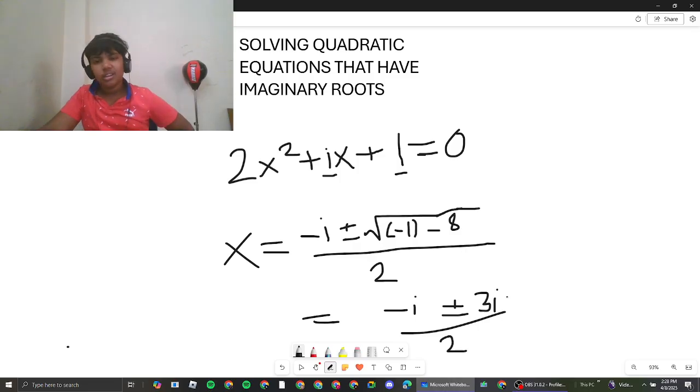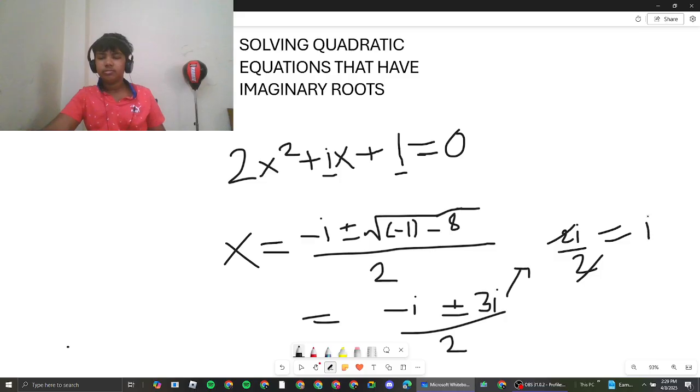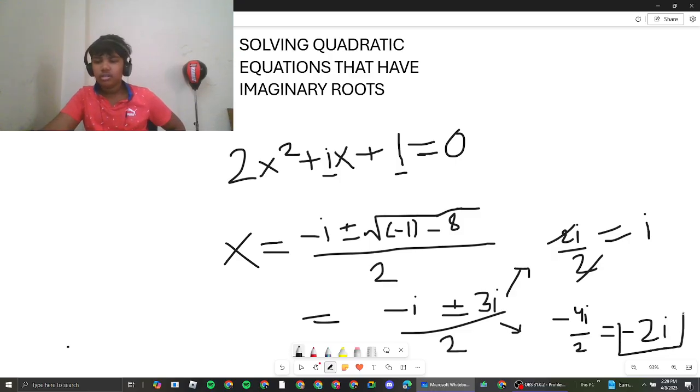Now from here we get two solutions. We get negative i plus 3i, so 3i minus i you'll get 2i, upon 2, which gives you i. And here we'll get minus i minus 3i, which will be minus 4i upon 2, it will just be minus 2i. So these are our two solutions.